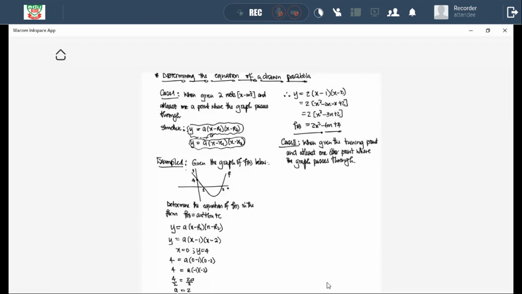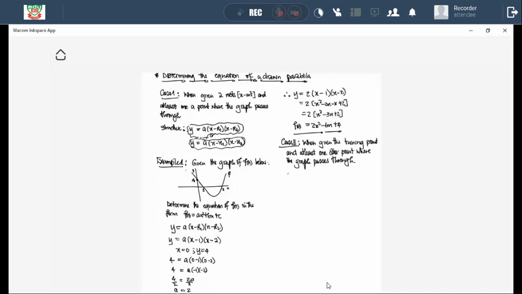Okay, so in this case, you are supposed to analyze the graph which is given. After analyzing the graph, one is supposed to be able to pick that in this case, I'm given a turning point and at least another point where this graph passes through.